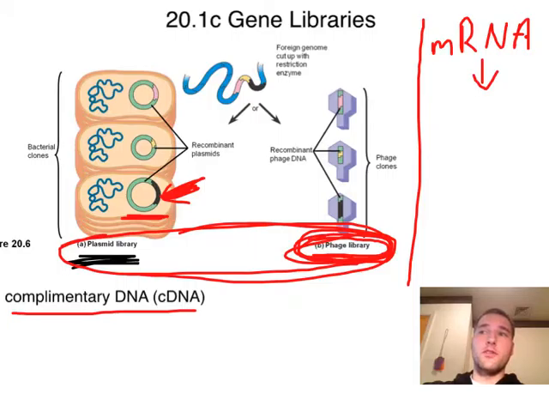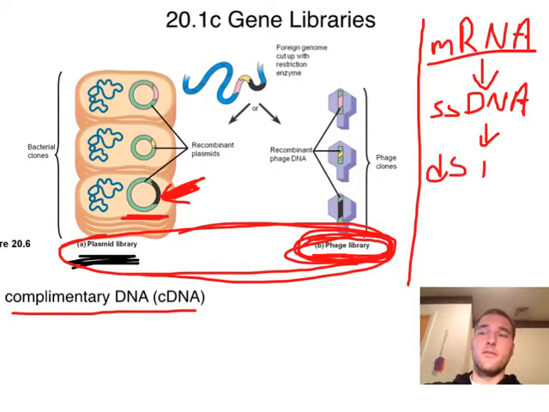Reverse transcriptase is going to make a single strand of DNA that is complementary to the messenger RNA. Then they can degrade the messenger RNA so that all that's left is a single strand of DNA. Then they can put nucleotides and enzymes in to make it a double-stranded DNA.